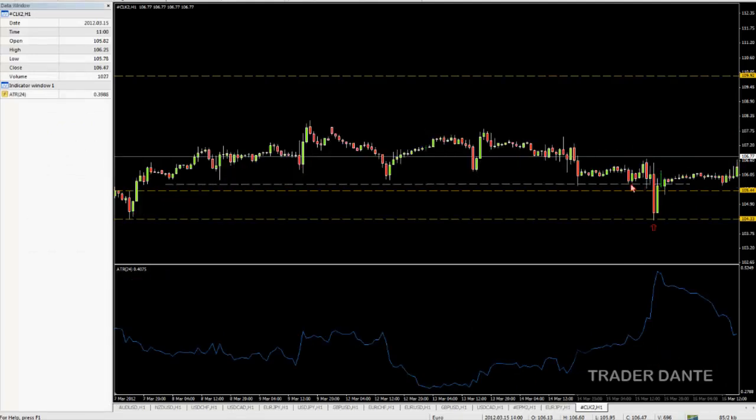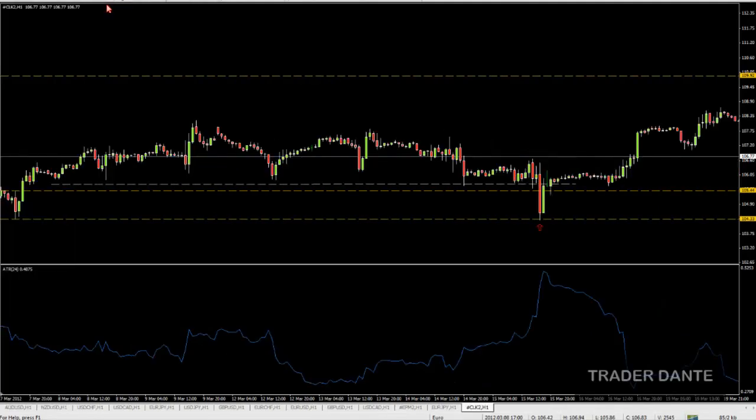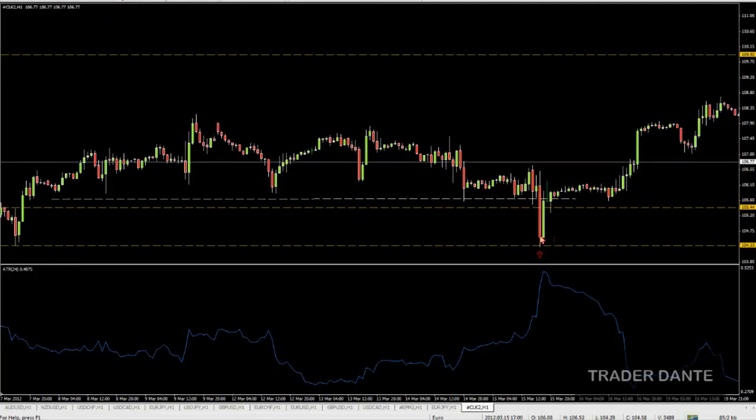In this case it's 48 ticks. Now I'm going to subtract 48 from the low, not from my entry, not from the close of the bar. I'm going to subtract 48 from the low of that bar.